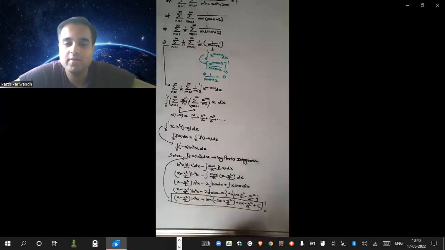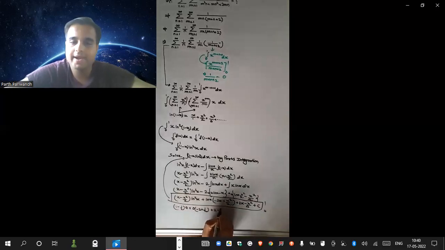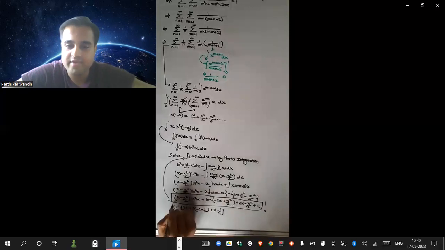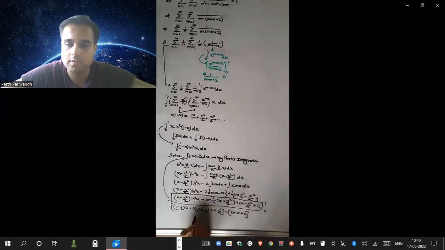So we will put 1 and 0 now. By putting 1, it is 1 minus 1 by 2. Natural log of 1 is 0, so plus natural log of 1 is again 0. So minus 2 plus 1 by 2 plus 2 minus 1 by 4. And when we put 0, the first term has x, so it will be 0. The second term also has x, so it is 0. The third term also has x, so it will be 0.